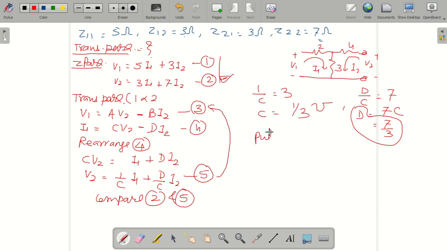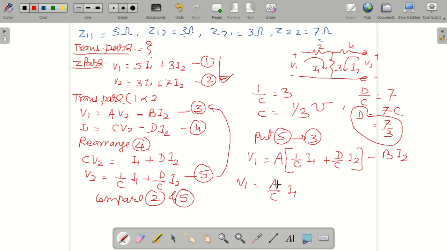Put 5 in 3. Okay, so what will come? V1 equal to A times V2, and V2 is this: 1 by C I1 plus D by C I2, this is V2, minus B I2. So you will get V1 equal to A by C I1 plus AD upon C minus B I2, right, AD upon C I2 minus B I2.